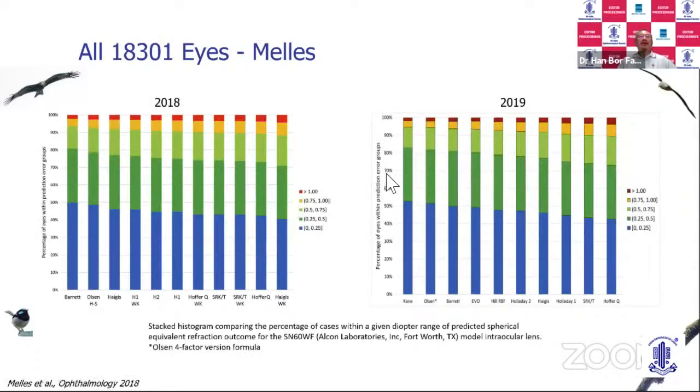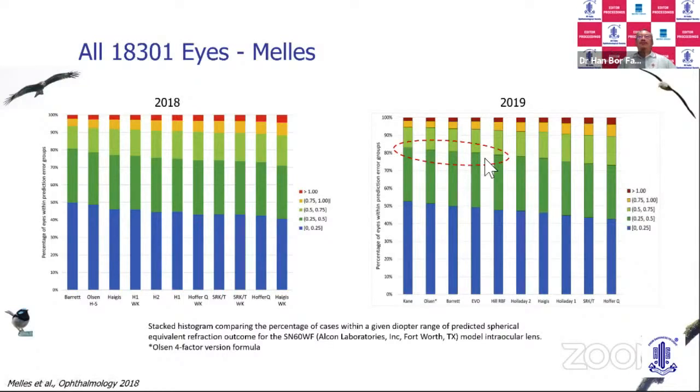Melles has the most eyes, published in 2018, and he has recalculated with some updates in 2019. So we just look at 2019. For 2019, it's close to 80% for Kane, Olsen, Barrett, and EVO, and here RBF as well.